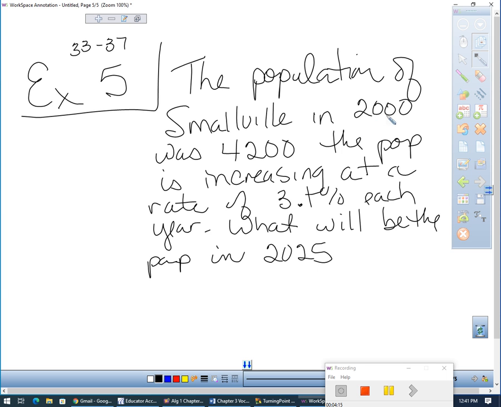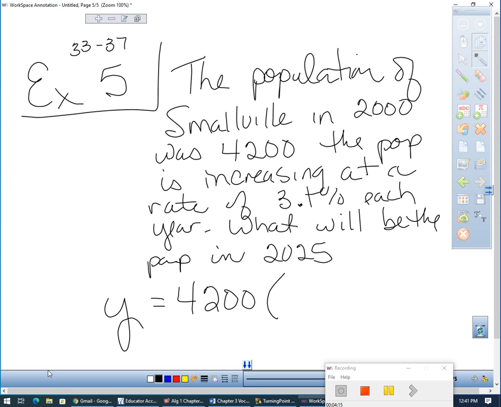Well, what year was this from? 2000, so 25 years away. But we've got to write our equation first. So this actually has two parts. First, we write the equation. Then we're going to plug in 25 for our year, our time. So we have y equals, our initial amount is how many people? 4,200.